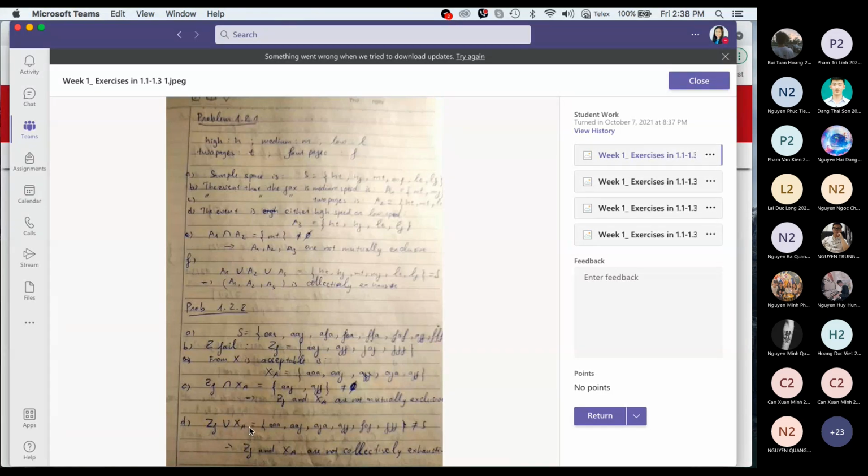ZF union XF equals the sixth outcome, different from the eighth outcome of the sample space, so ZF and XA are not collectively exhaustive. Okay, right.